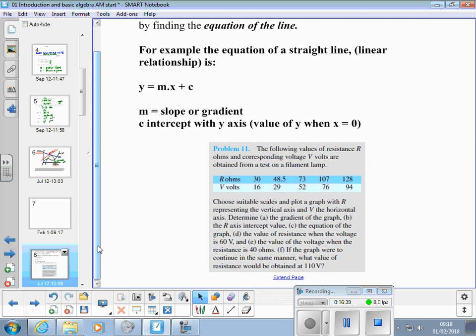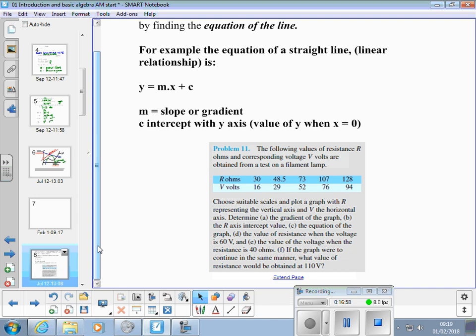For example, the equation of a straight line is a linear relationship. Y equals mx plus c would be the form of that, where m is the slope and c is the intercept with the y-axis. So looking at this problem, following values of resistance R, ohms, correspond with voltage V, obtained from a test on a filament lamp. There's some data there, okay, and that example asks for that to be plotted, which I've now done on the next page.